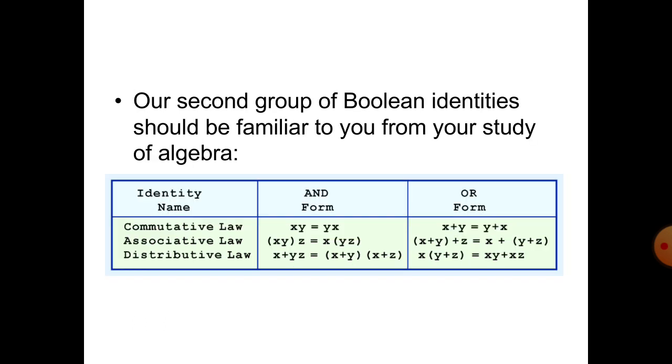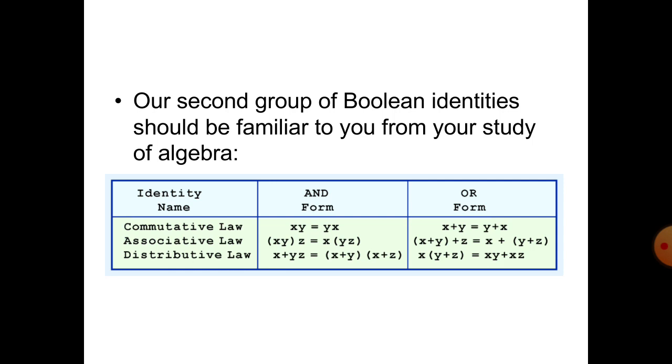Our second group of Boolean identities should be familiar to you from our study of algebra. Commutative law: x dot y equal to y dot x, x plus y equal to y plus x.